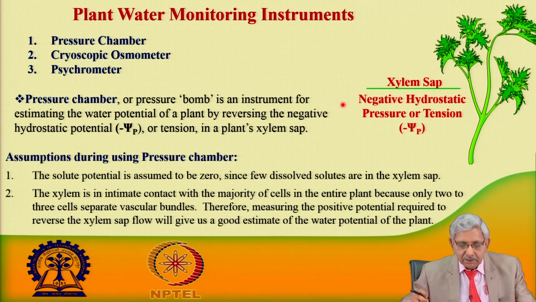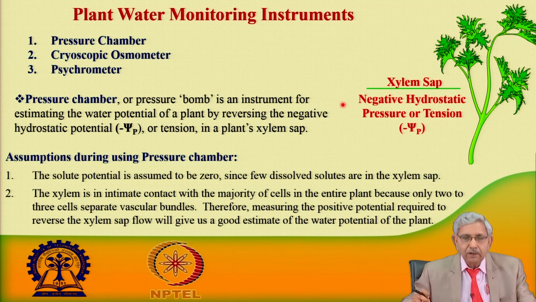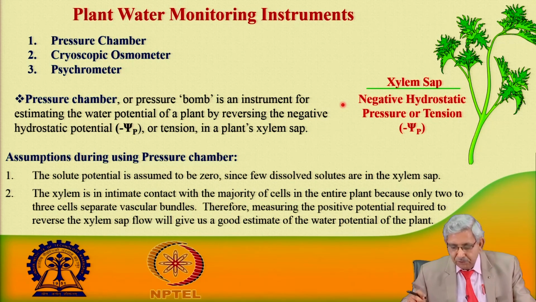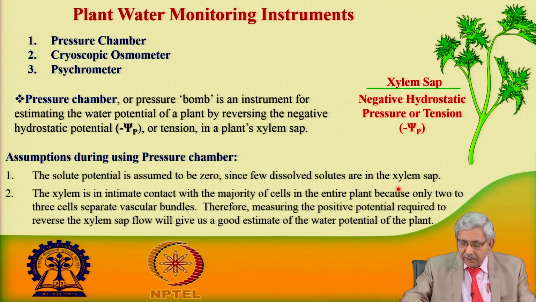A pressure chamber is an instrument for estimating the water potential of a plant by reversing the negative hydrostatic potential, or tension, that is, plant water tension in the plant's xylem sap. Using the pressure chamber, the solute potential is assumed to be 0, since few dissolved solutes are in the xylem sap.